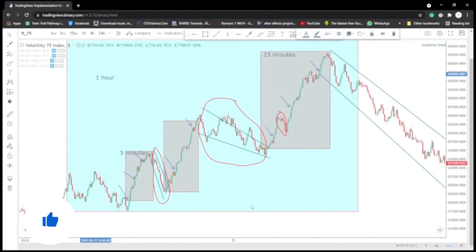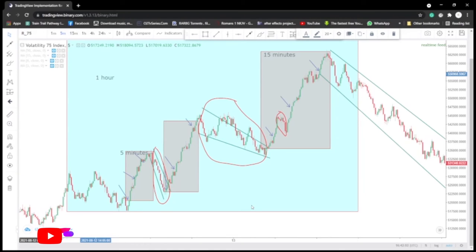So guys, can you see where I am going with this? You see the levels, you see the power of the levels. Pause the video and take a deep breath and think how you can use these levels. Think how you can trade these levels.